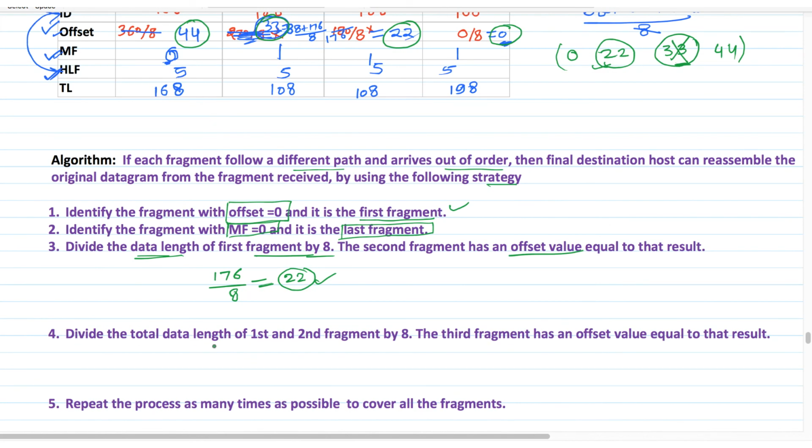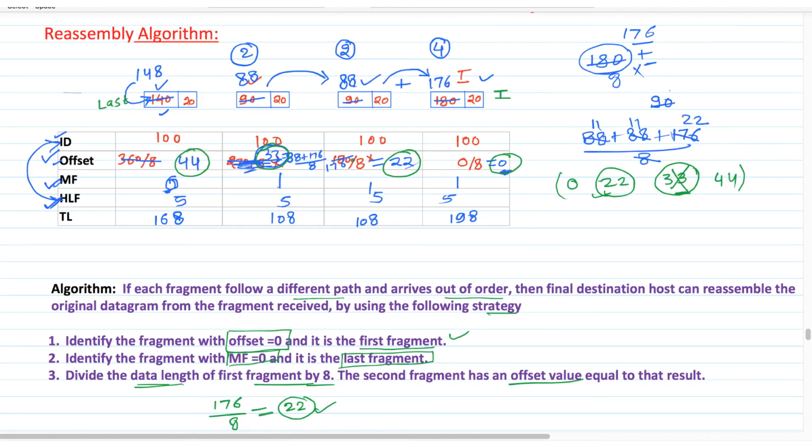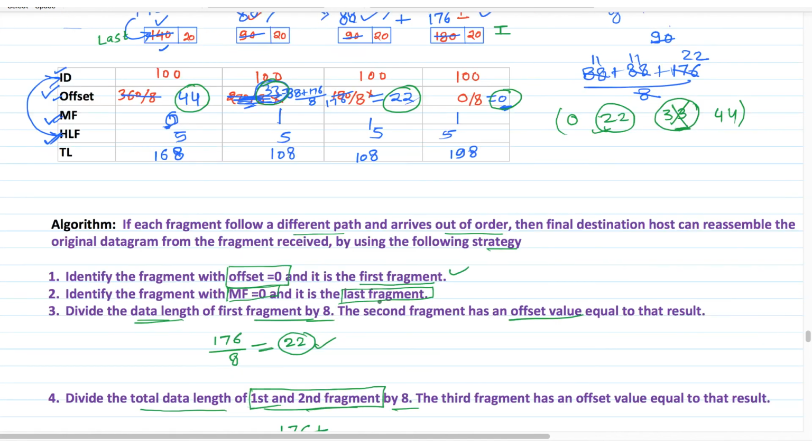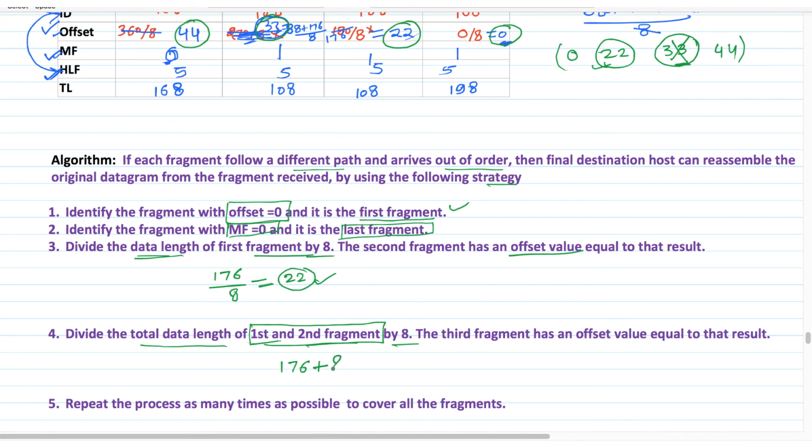Then divide the total data length of the first and second fragments by 8. Now we have the first and second fragments, so we calculate the total data length in them, which is 176 plus 88 in the second fragment. We divide 176 plus 88 by 8, so we get 22 and 11, which means 33.